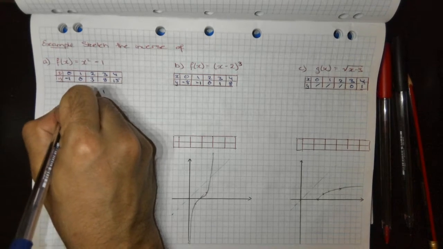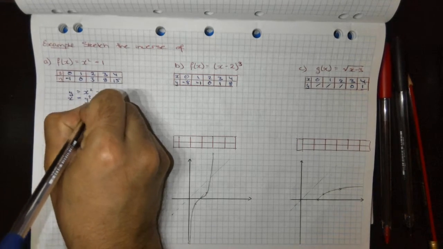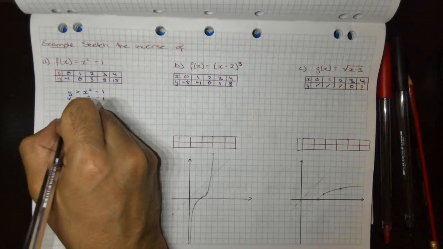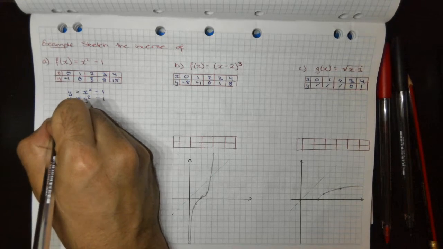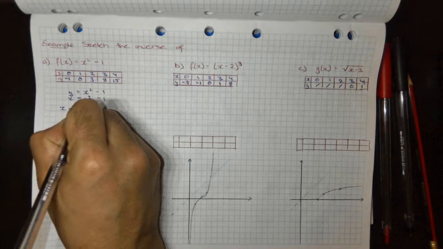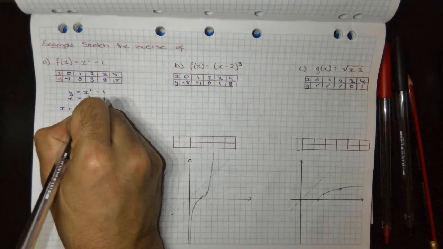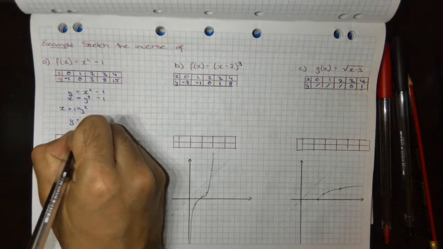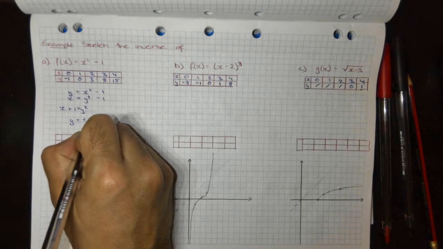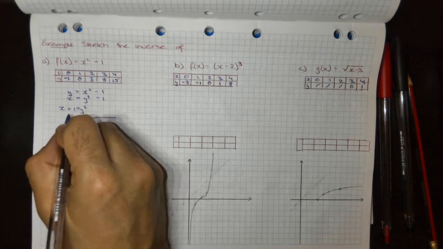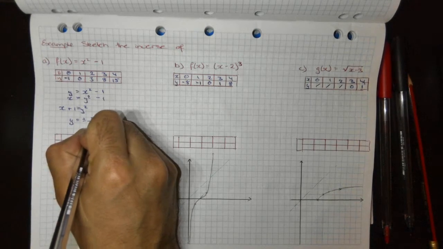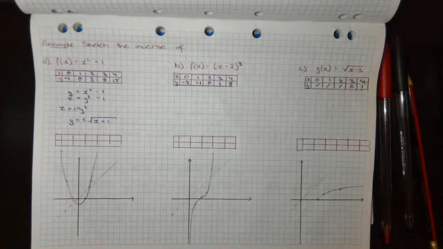We change the pronumerals around, and we're going to make y the subject. So we've got x plus 1 equals y squared, so y equals plus or minus the square root of x plus 1.